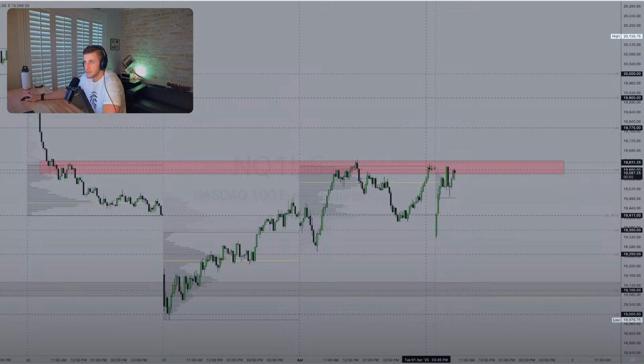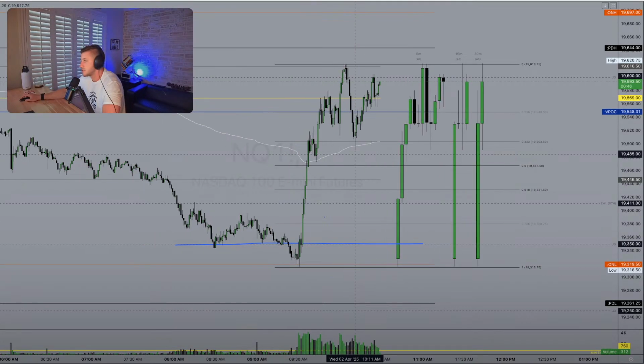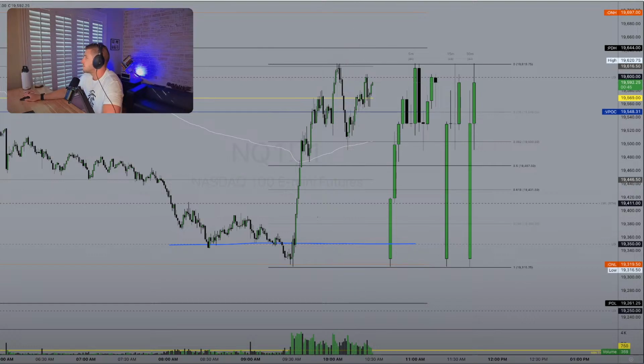So it tells us that maybe all the supply in this area is slowly being absorbed. That would be the thought process. Yeah, right back into 600.